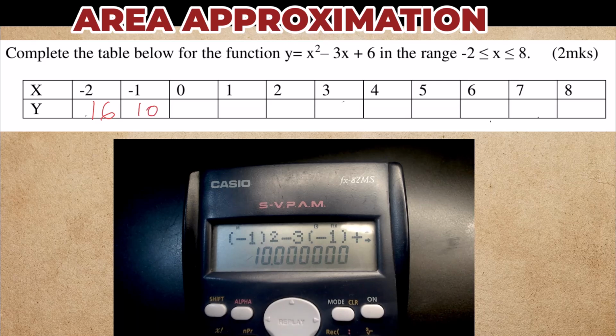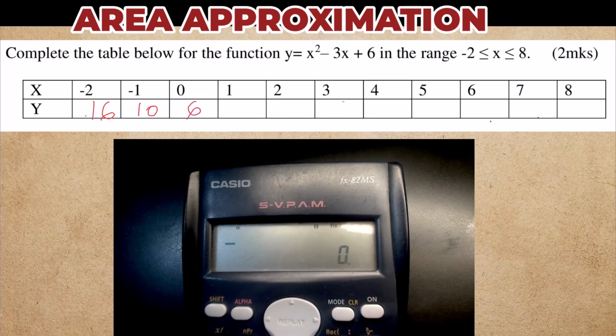Then when x is 0, that one is easy. You just substitute where we have x, so 0 squared minus 3 times 0. So y will be 6.